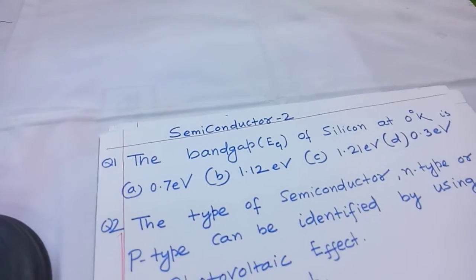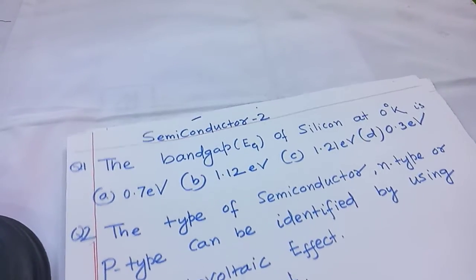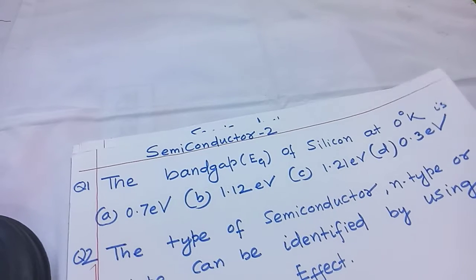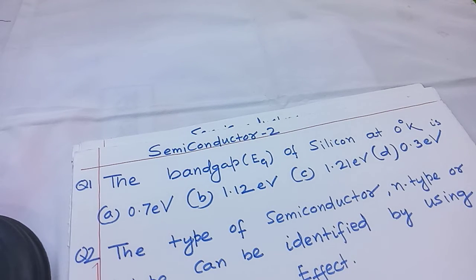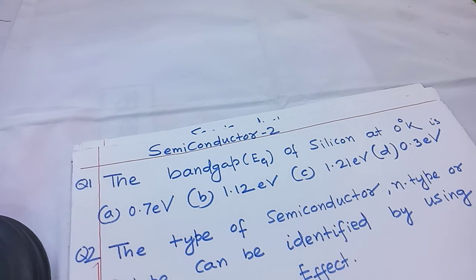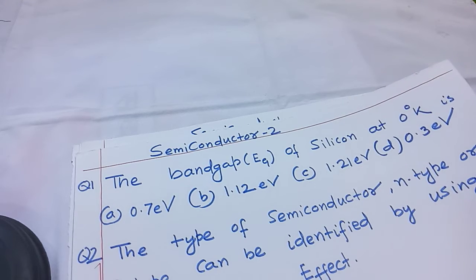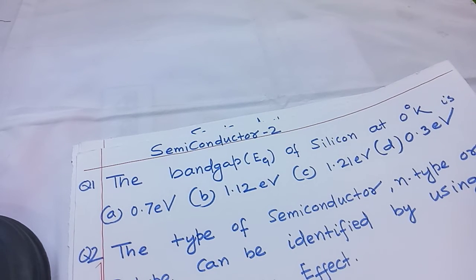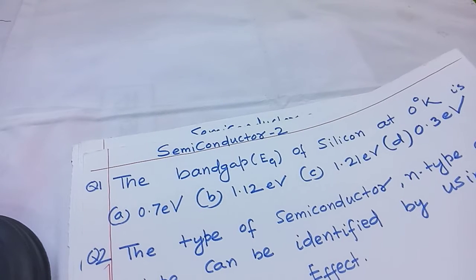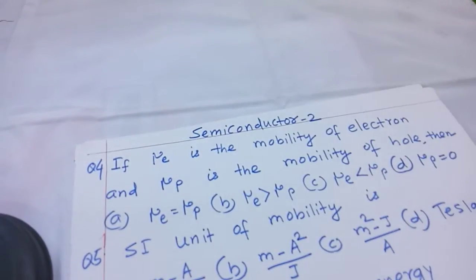Why? Because when you raise the temperature, because of the thermal energy, more valence bonds break, forming electron-hole pairs. As a result, the carrier concentration increases, thereby increasing the conductivity and decreasing the resistance.